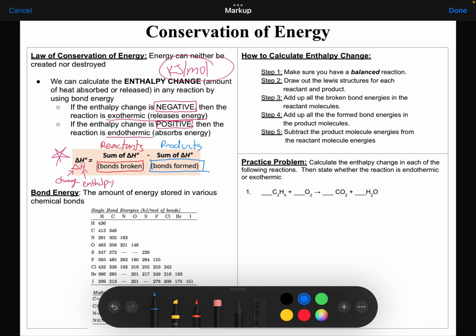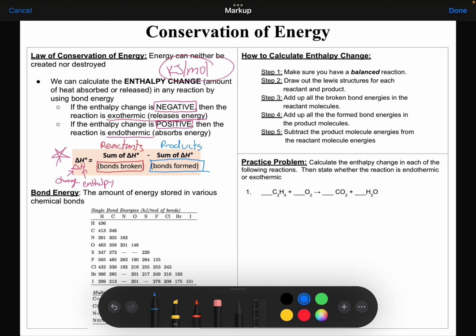And we talked about this a little bit earlier this week and in past units. We've talked about the fact that when a reaction happens, all of our reactant molecules end up rearranging themselves into product molecules. And for that reason, we know that we have to break reactant bonds during a reaction, and then we have to form product bonds if we're going to produce something.